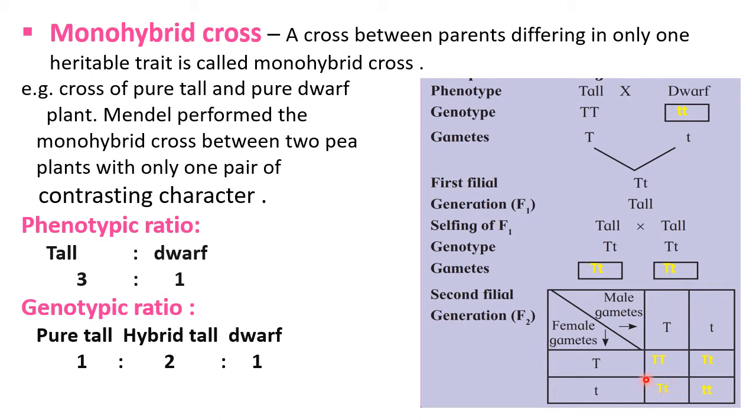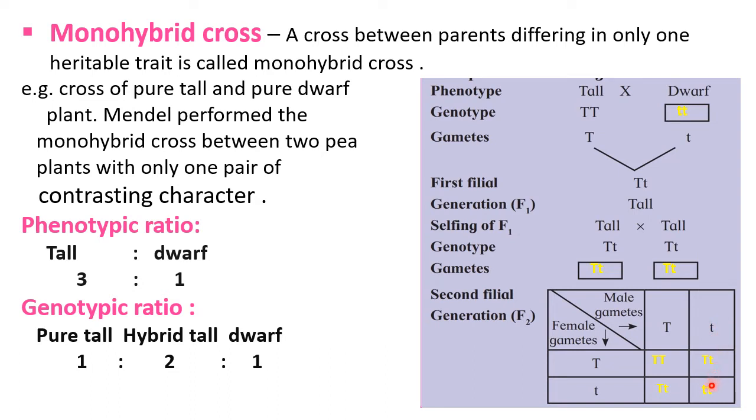Then here is small t, here is small t, so the genes present in both gametes are recessive.